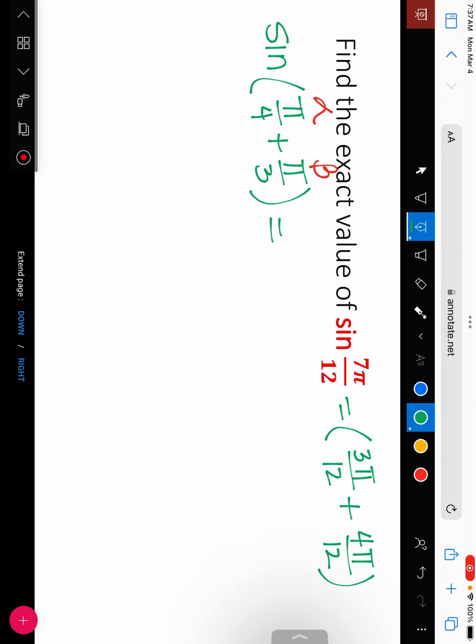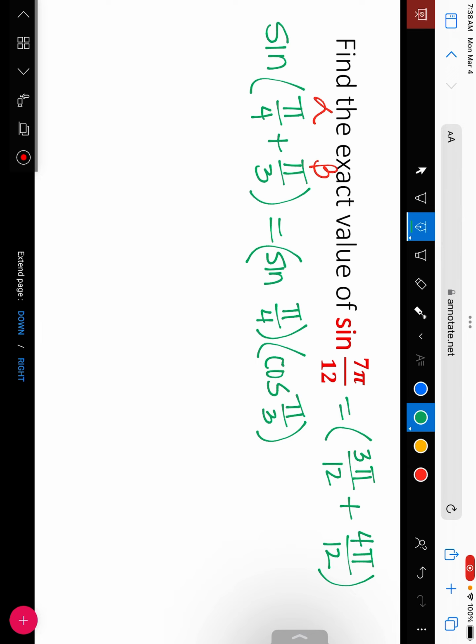That says take the sine of pi over 4 and multiply that by the cosine of pi over 3.